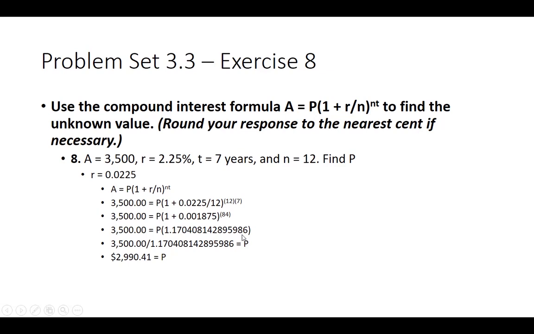Keep as much of that as you can. Either write it down or store it in the calculator, because the next step is to divide both sides by that string. 3,500 divided by that gives us $2,990.41 after rounding to the nearest cent.